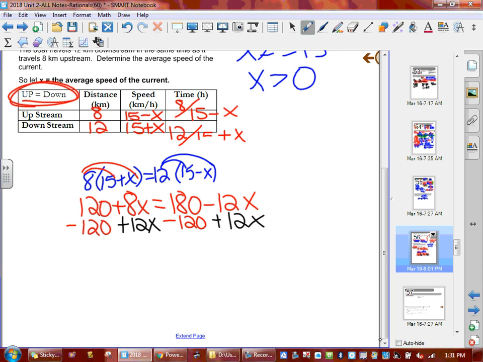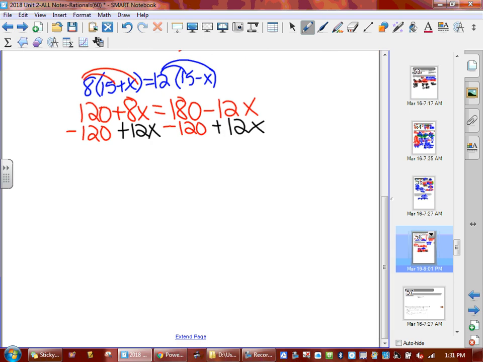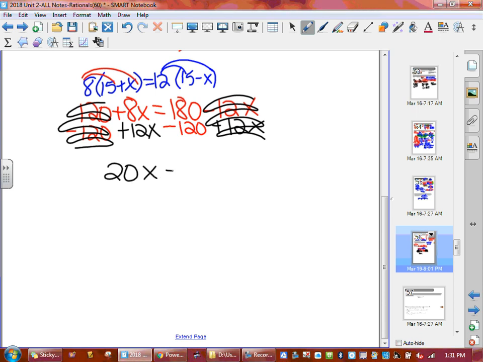Okay, so you're adding the x to the x and the digit to the digit. So now when we combine like terms, these guys will disappear on the left. On the right, the x's will disappear. And now we've just got to add the like terms. So we're going to end up with 20x equals 60.